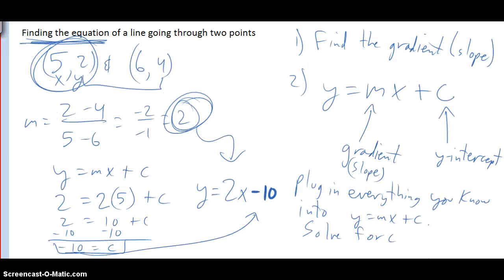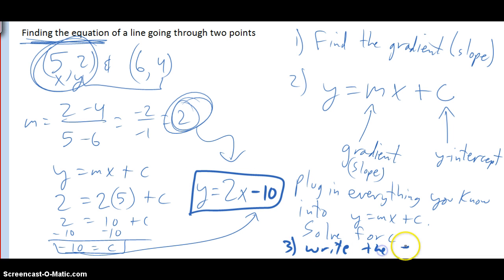So y equals 2x minus 10 is my equation. So I find the gradient, and then I plug in everything I know to y equals mx plus c, solve for c, and then I write the equation. Don't forget that last step. You have to write the equation.